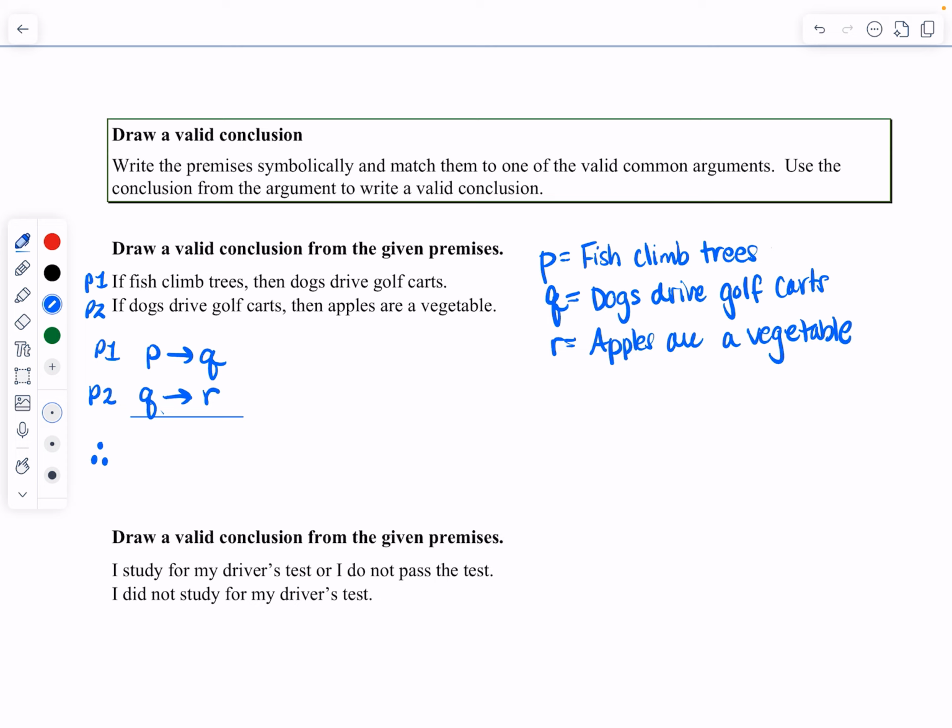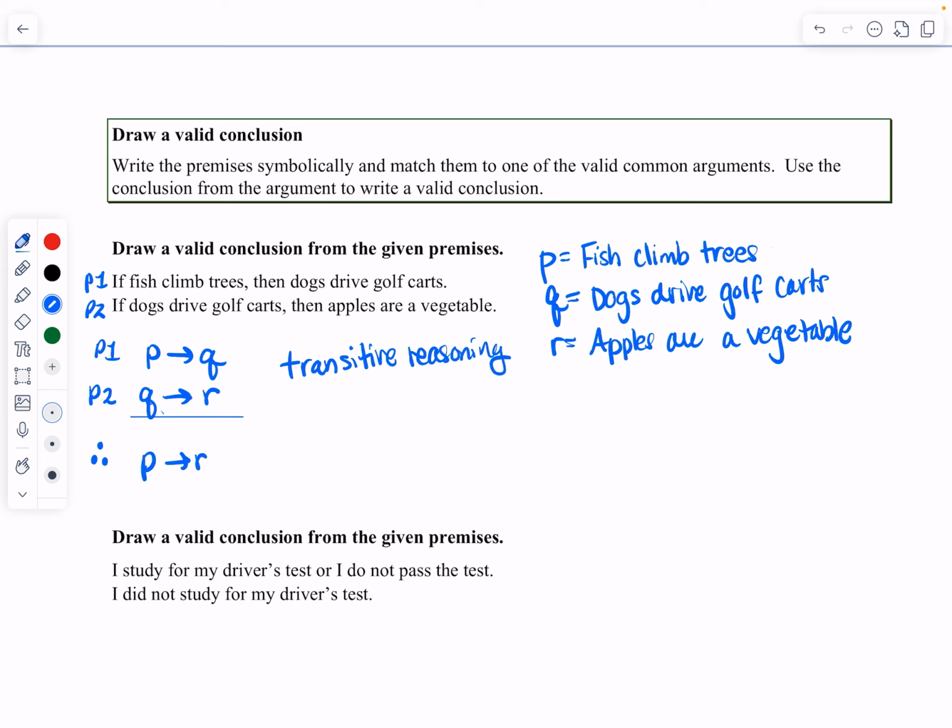But anyways, we're looking for something to match up, and we see that that happens in transitive reasoning. With transitive reasoning, the conclusion is going to be if P then R.